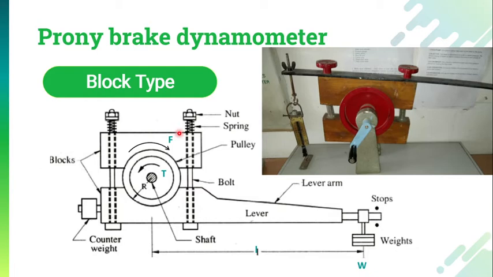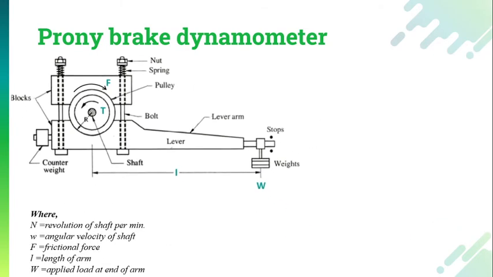Now let us check out how to identify the value of power in this system. For that, the whole pulley brake dynamometer is kept under some load. Whenever the dynamometer is in action, the shaft will be rotated by using the motor or the generator.